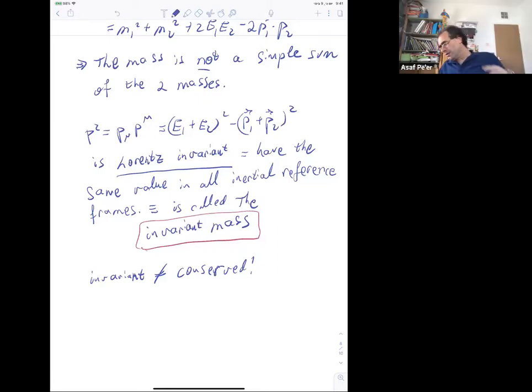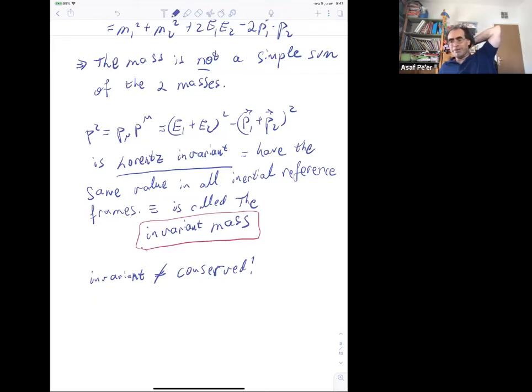No. You can have a situation, that's what you do in colliders, right? You take two beams of particles, you collide them, and when they collide, you might create new particles. Now, the problem is often, if you can see the particle, that's great, but often you don't see the particle. You just see the decay product of the particle. So you're producing a particle, as we're going to show again, not today, but next on Thursday.